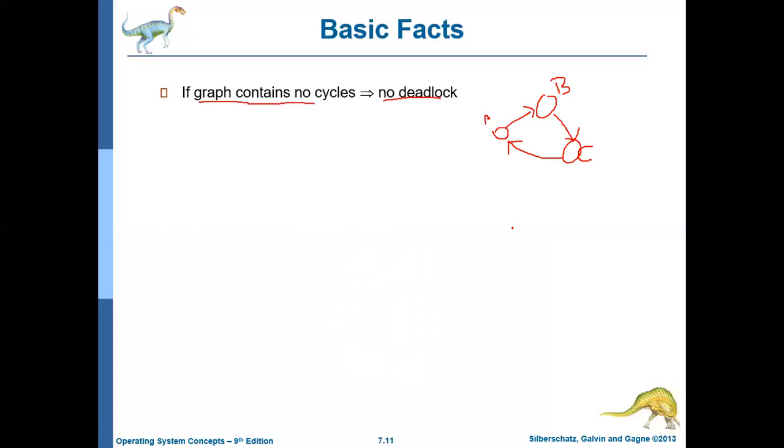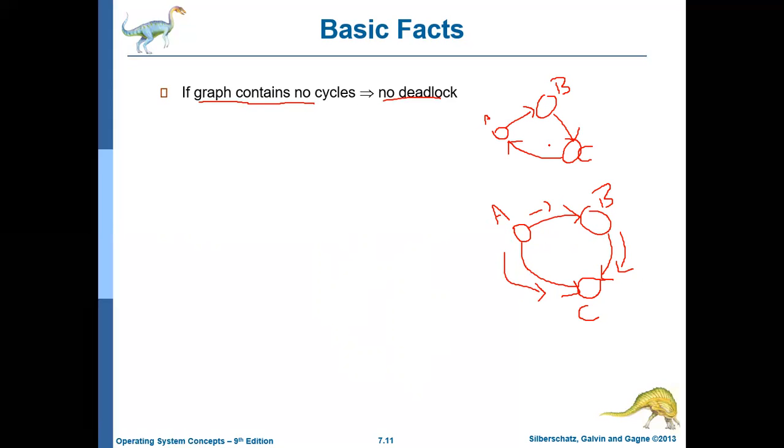But assume it is this way: A is pointing to B and B is pointing to C, and C is not pointing to A, but A is pointing to C. This is actually not a cycle, because if you go in this direction, A is pointing to B and B is pointing to C, but C is not pointing to A. If you come this direction also, A is pointing to C, that's all, and C is not pointing to B or anything else. So this is not a cycle, whereas the earlier one is a cycle.